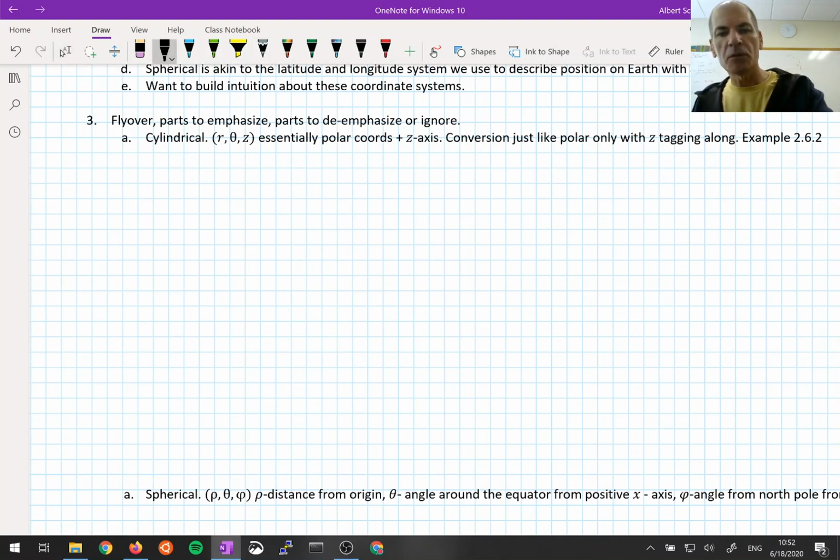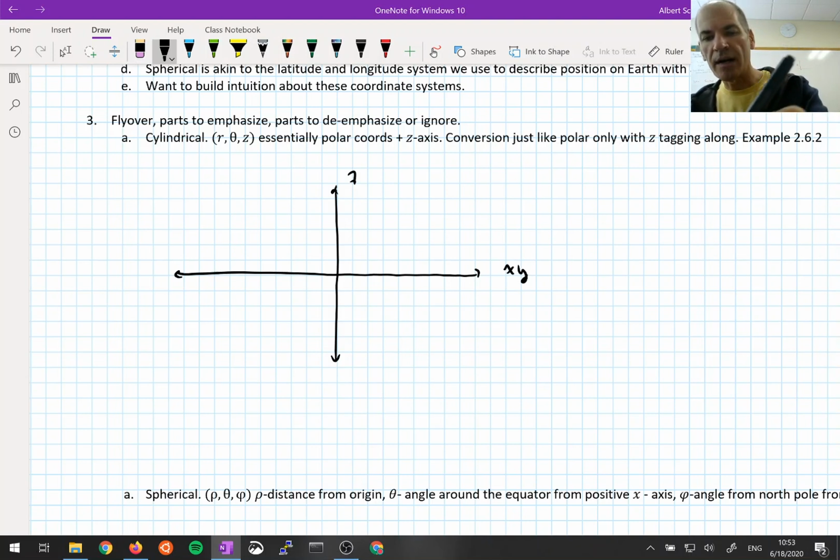Here's a view of three-dimensional space that's useful when you're thinking about polar coordinates. Instead of looking at the xz plane or the yz plane, look at the xy plane in combination down here. So you're looking edge on at the xyz space, and you can't see where the x and y coordinates are.